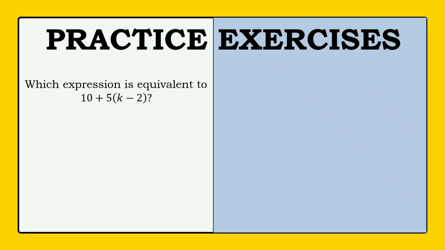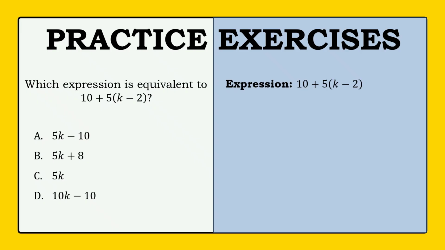Which expression is equivalent to 10 plus 5 times the quantity of k minus 2? A: 5k minus 10, B: 5k plus 8, C: 5k, or D: 10k minus 10? What do you think the answer? Alright, let's solve. In the expression 10 plus 5 times the quantity of k minus 2, first, let's distribute 5 inside the parentheses.